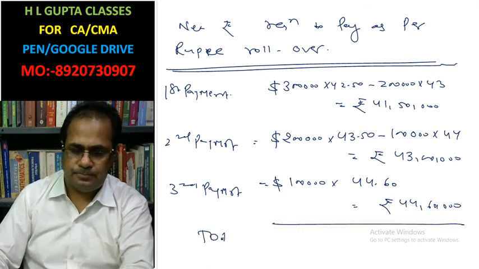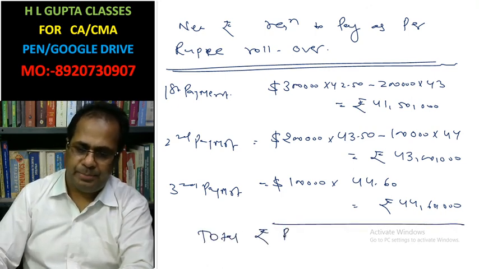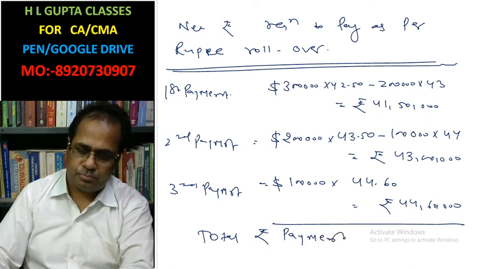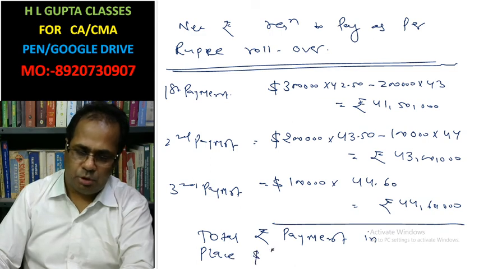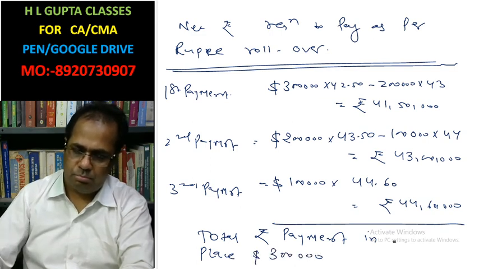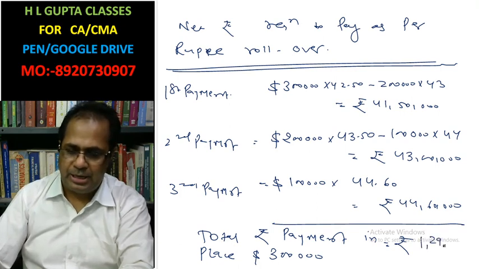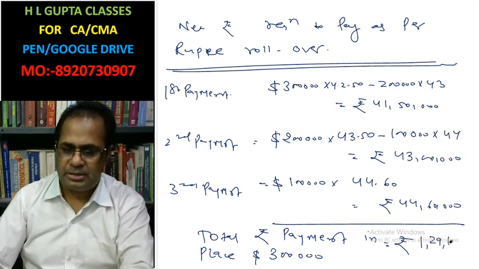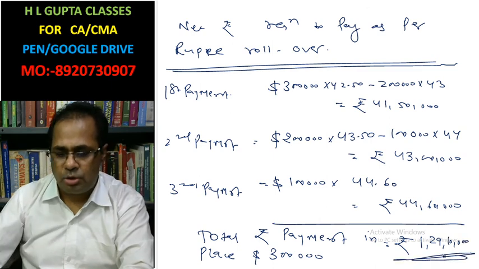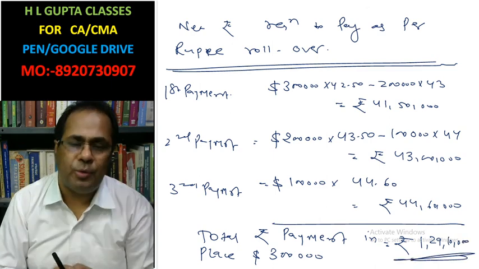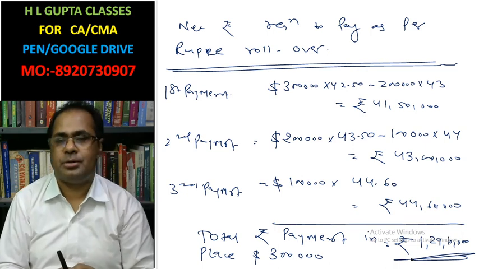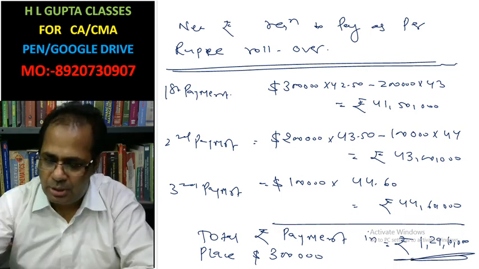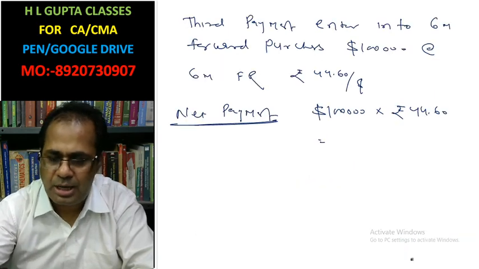Total rupee payment in place of $3 lakh will be 1,29 lakh 10,000, and 1,29 lakh 10,000 is the lowest, and rupee rollover is the best alternative for payment. Okay, because of 1,29 lakh here.